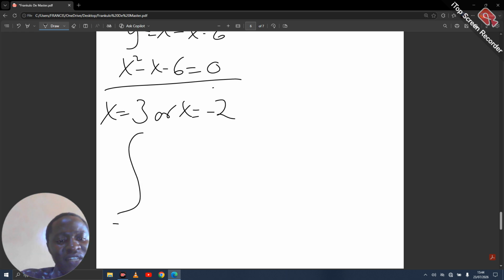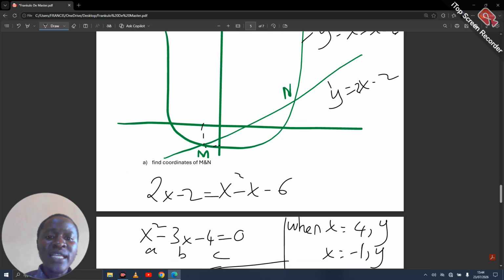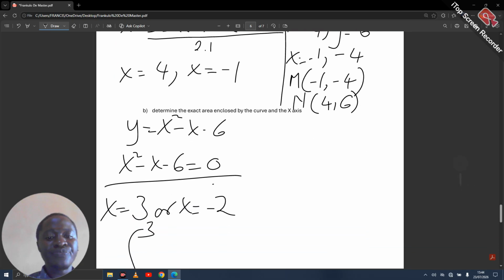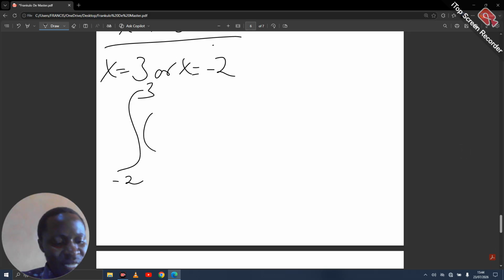We must integrate from negative 2 all the way to positive 3. Here is negative 2, then here is positive 3. Remember, you are integrating the curve in between the x-axis and the curve itself. So what are we integrating?